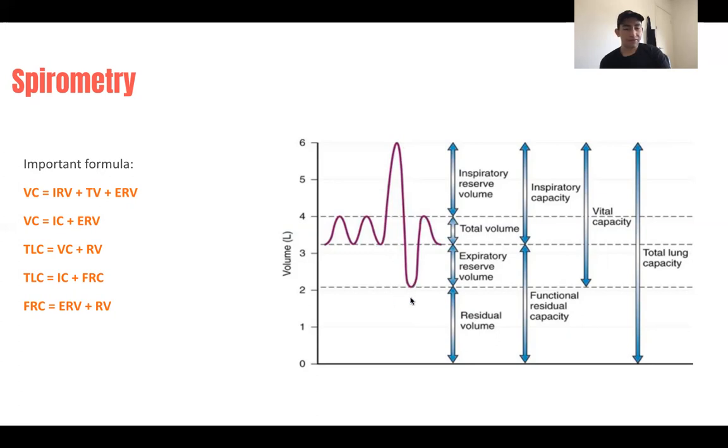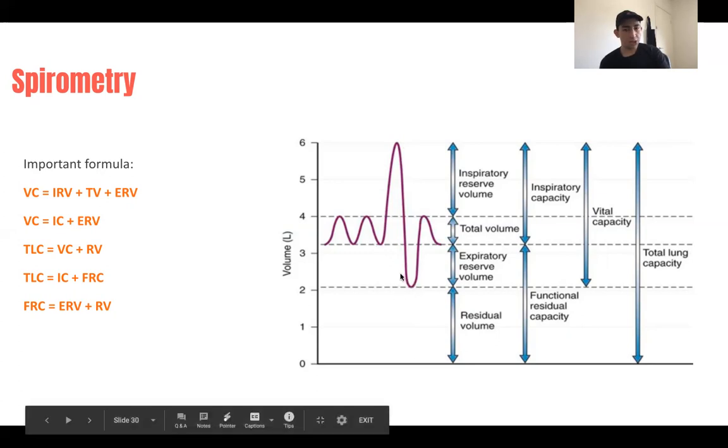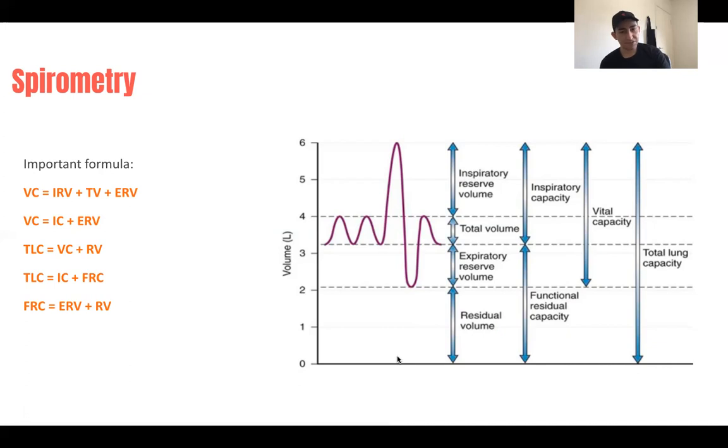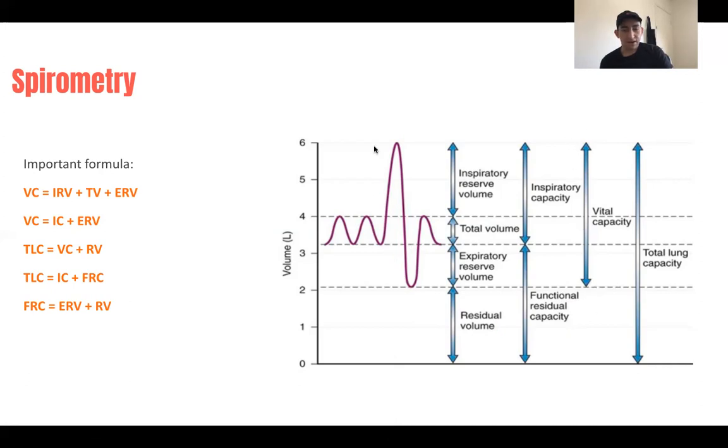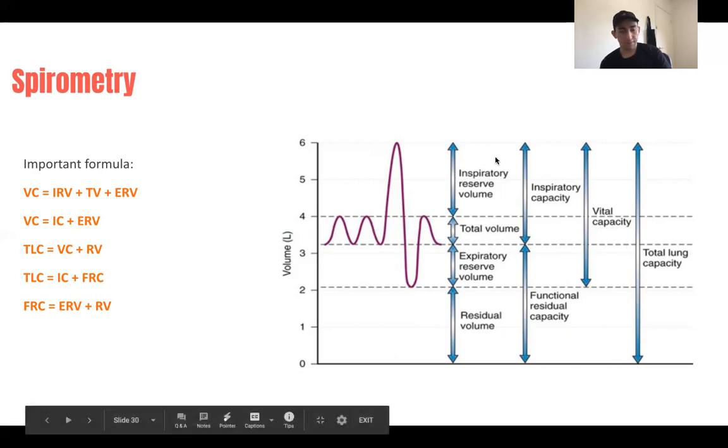The bit you can never exhale would be your residual volume, and that's just air which is always present in your lungs. And this entire thing would be your vital capacity. So if you take a deep breath in and then exhale as much air as you can, that would be your vital capacity, and your total lung capacity is all of it.